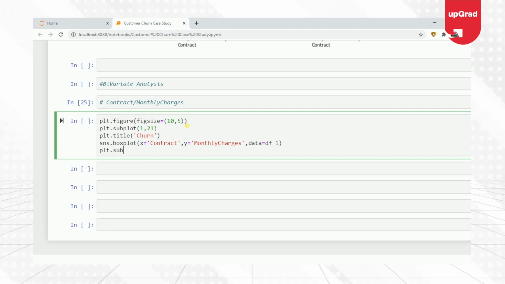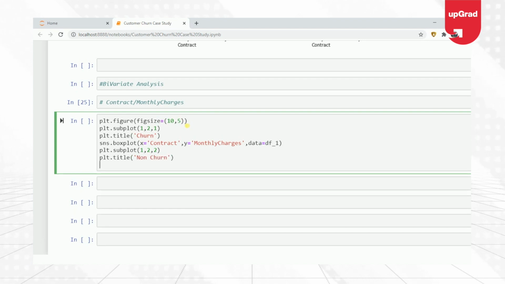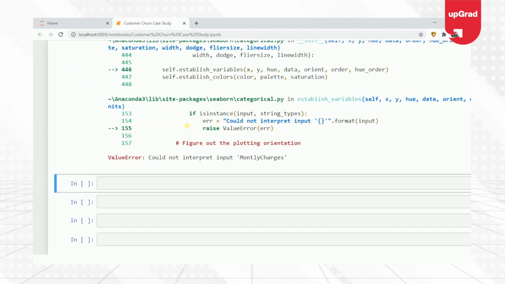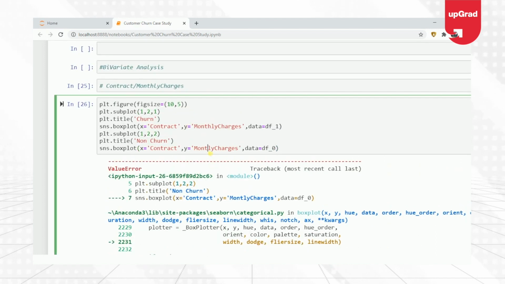Similarly, we are plotting another box plot here. The title of that box plot is going to be non-churn, and the box plot is again going to have contract at the x-axis and monthly charges at the y-axis, and the data is going to be coming from df underscore 0. All right, the h is missing here.